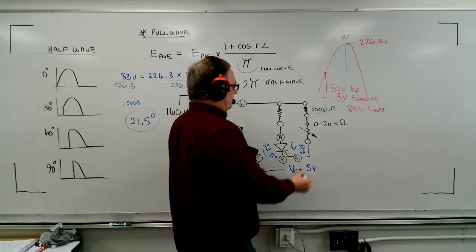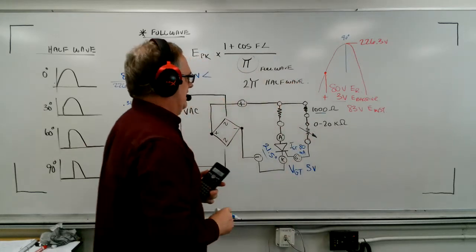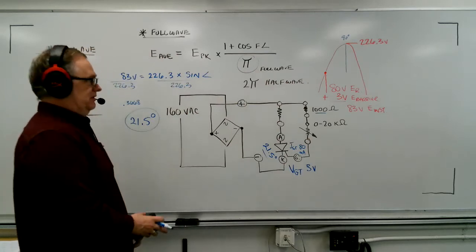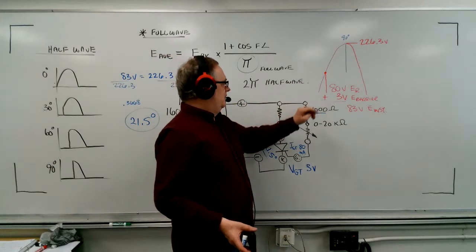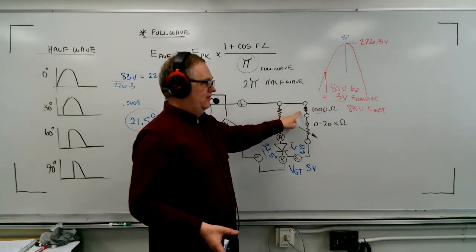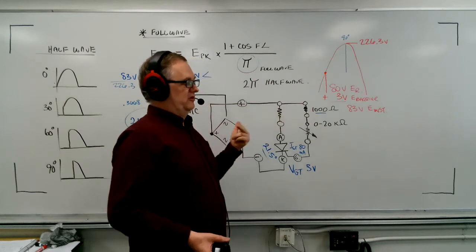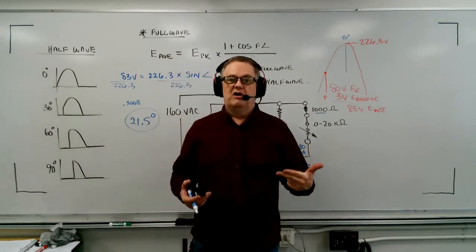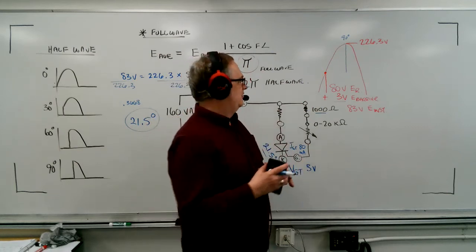So how much resistance do we have to add to bring this firing angle up to 90 degrees exactly? So now, see, in this first part, we knew the resistance and we didn't know the firing angle. Now I'm asking you, if we know that we want a firing angle of 90 degrees, how much resistance do I have to put in?